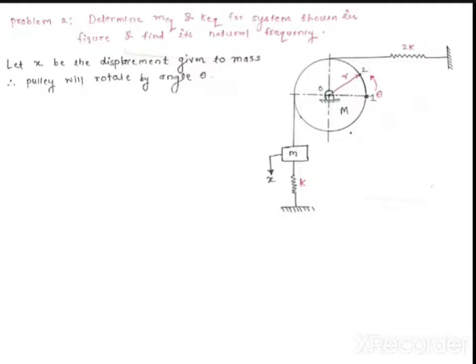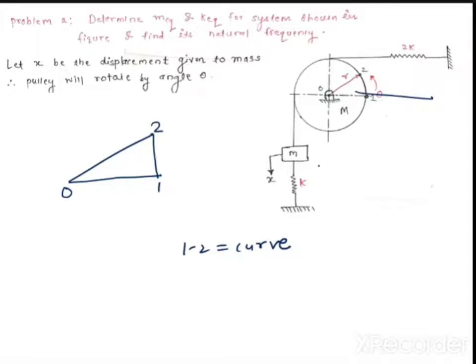So now, first of all, I will find out the relation. For the relation I will take this triangle. What is this triangle? O, 1, 2. Remember that this 1, 2 is a curve if you look at this figure. But since theta is very, very small, x is also very, very small, so I am considering this as a right angle triangle. Okay. So tell me, what is this distance O to 1?